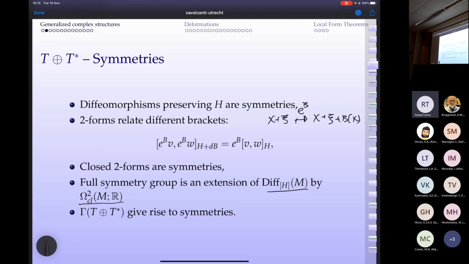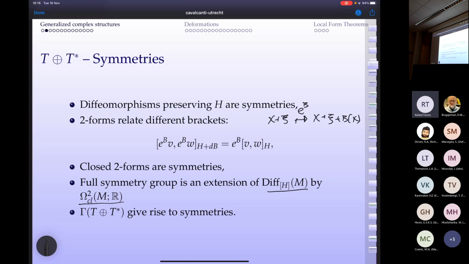So the connected component of the identity of the diffeomorphism group will be there in your symmetries of T plus T star. And in particular, sections of T plus T star give rise to symmetries, because vectors give rise to flows of vector fields, and for one-forms, you can take d of that, which becomes a two-form, and then it fits in this framework here.